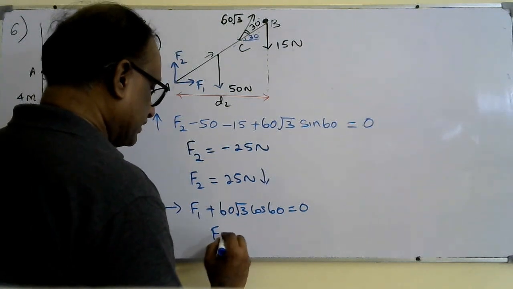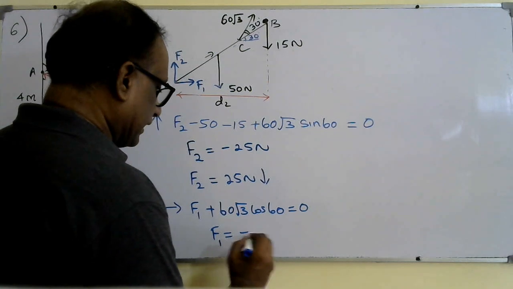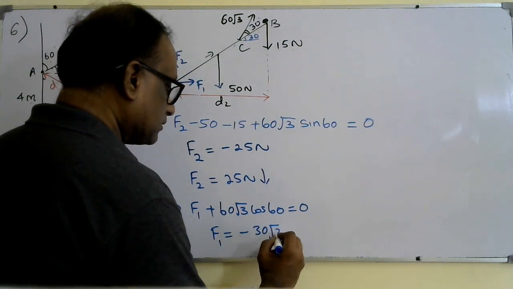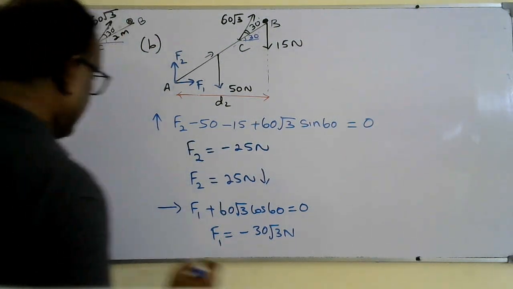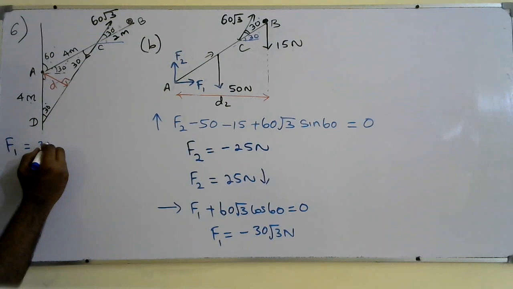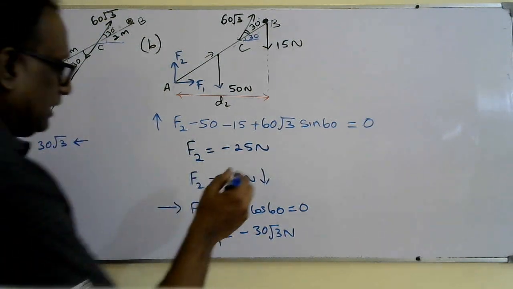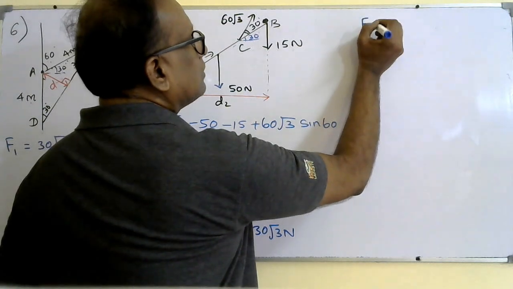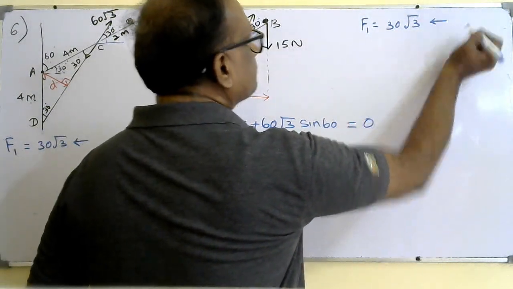So we will get F1 is equal to negative 30 root 3. That means F1 is towards left. F1 is equal to 30 root 3 towards left.